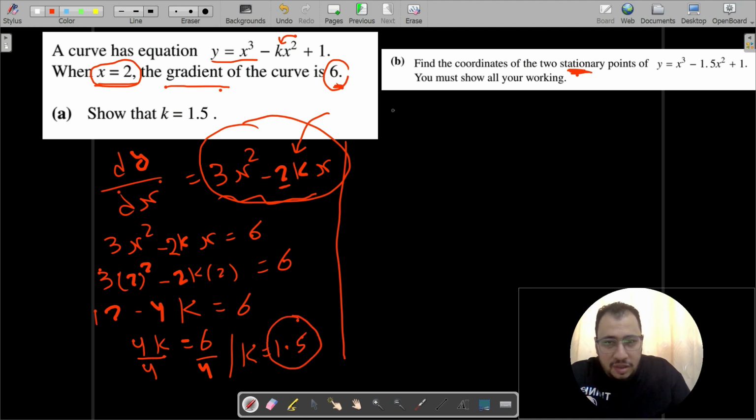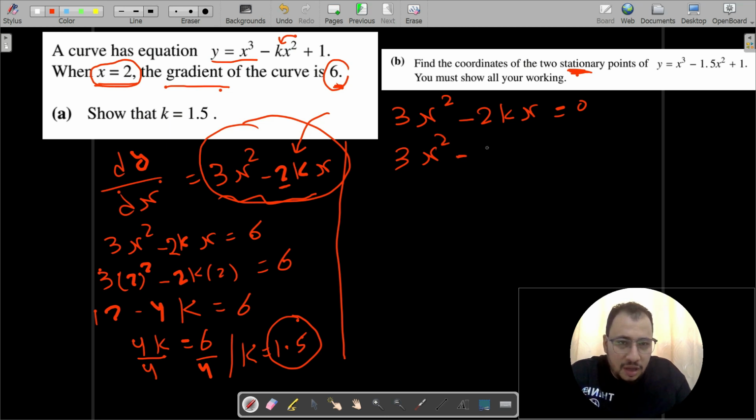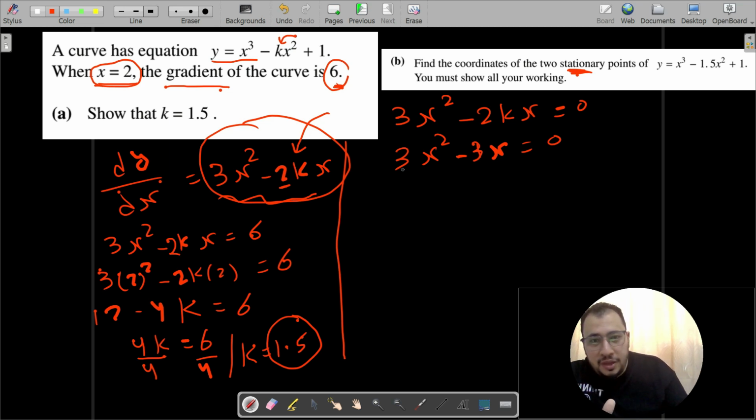So 3x squared minus 2kx equals 0. K is 1.5, so 3x squared minus 1.5 multiplied by 2, which is 3, so 3x equals 0. Now your job is to get the possible values of x.